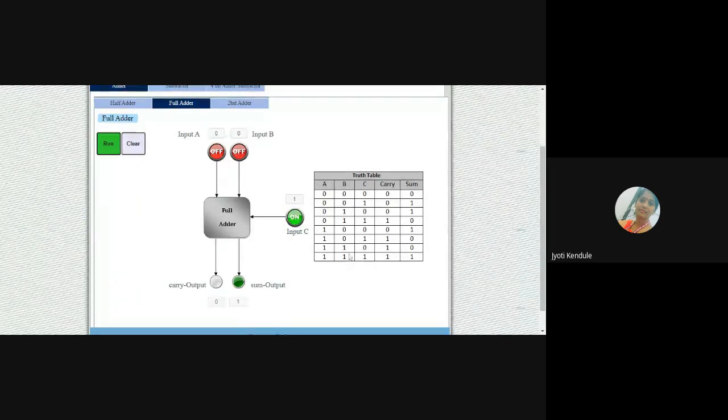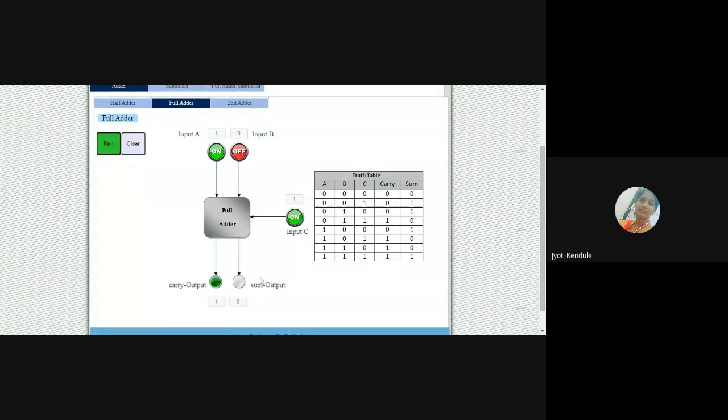In the same way, we can go for any other combination. आपण combination घेऊया 1, 0, 1. A, B 1, 0 घेऊया. A 1, B 0 and C is also 1. What kind of output should I get? Carry 1 यायला पाहिजे. 1 + 1 is 0 with carry 1 च येतो आपल्याकडे आणि sum 0 यायला पाहिजे.